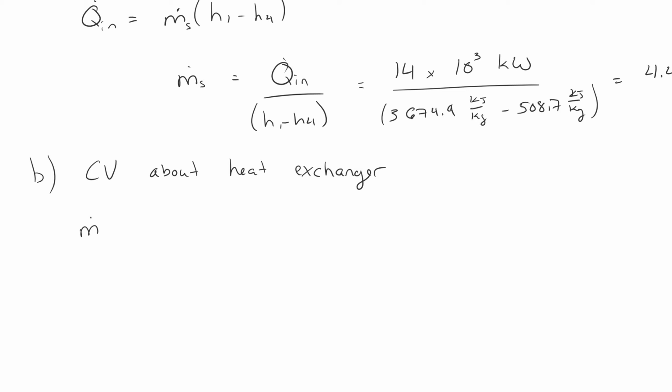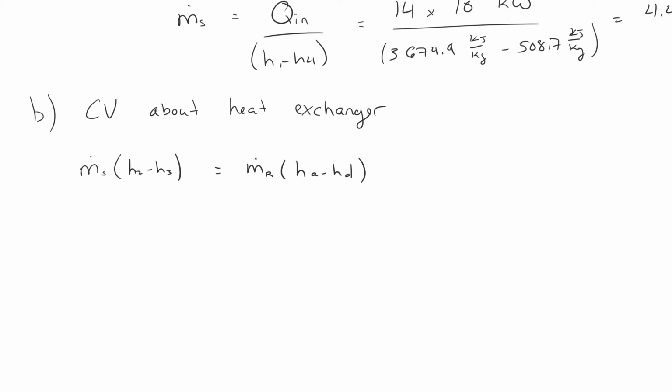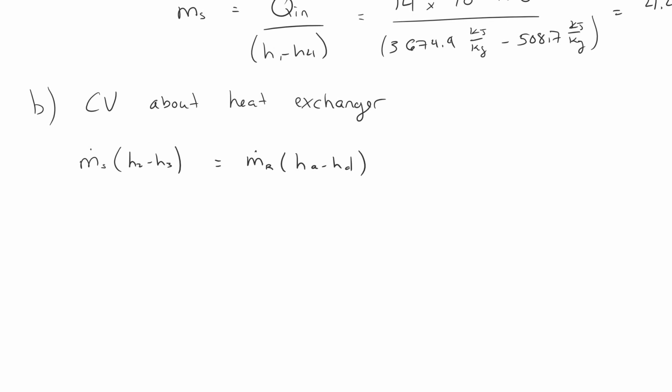So the net energy entering and leaving with the steam is going to be m dot S, h2 minus h3, and that's going to equal what's coming in and leaving by refrigerant. So in these two cases, I've got high and low, greater enthalpy, lesser enthalpy, greater enthalpy, lesser enthalpy.